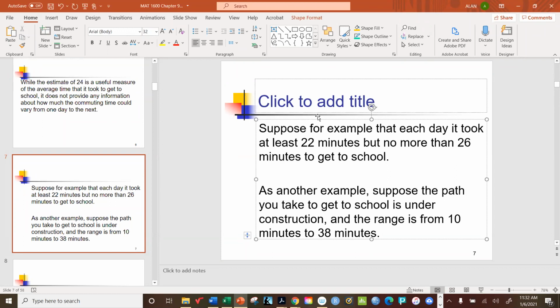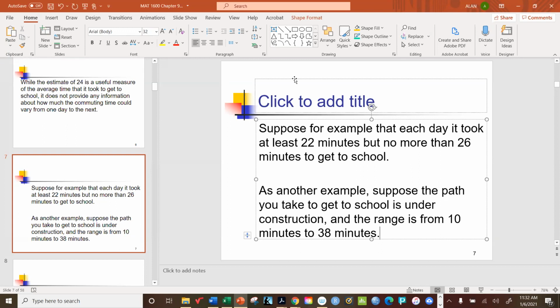So in the first case, it's pretty much the same every day. It can be as little as 22 minutes if you hit all the green lights. If you get all the red lights, it might be as much as 26 minutes. That's a very different experience than the second case, where there's a lot of construction going on. Some days you can just sail along and get there in 10 minutes, and other days it can take as long as 38 minutes.